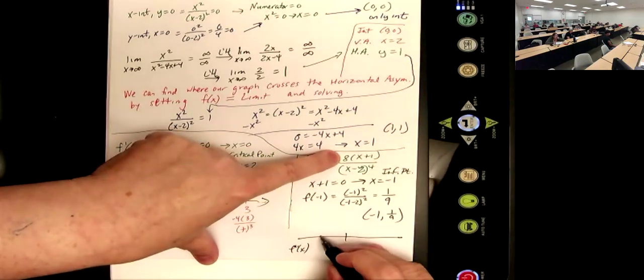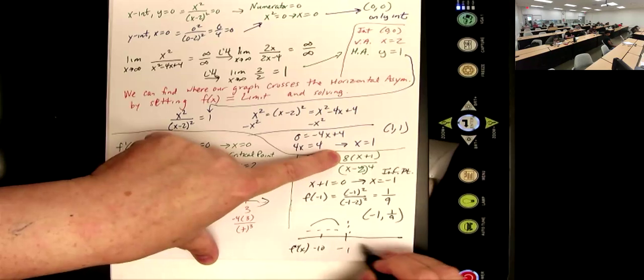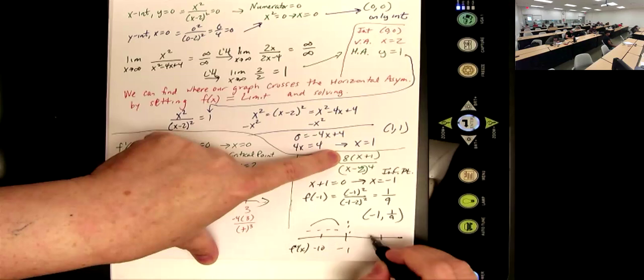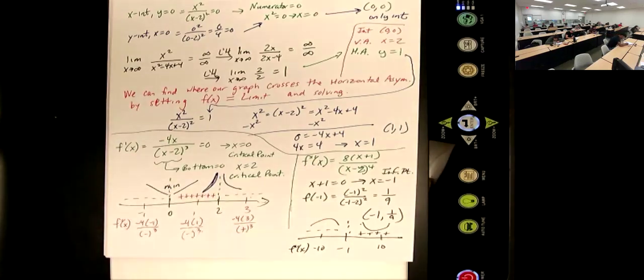If we have like -10, this is negative, so concave down. And then past -1, maybe go to 10 or positive, it's going to be plus, or concave up. So we kind of have everything we need to sketch the curve. I'll let you all write that down and we'll apply it to the graph and be done.